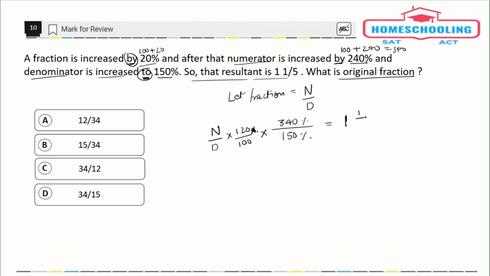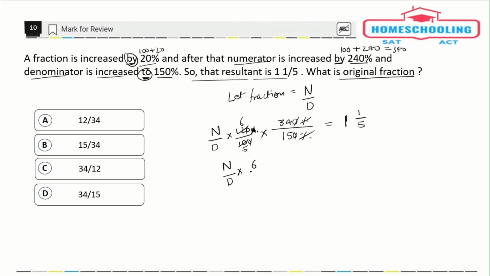The resultant is 1 is to 1 by 5. So we can cancel these two percentages, a numerator and denominator. We can cancel these two things, this one will go 5 times, this will go 6 times.